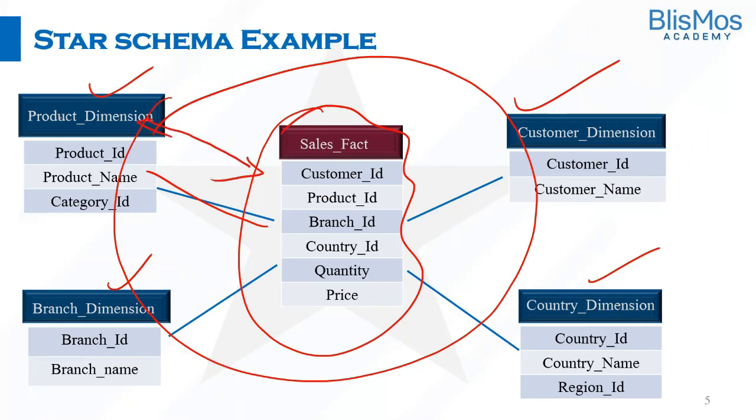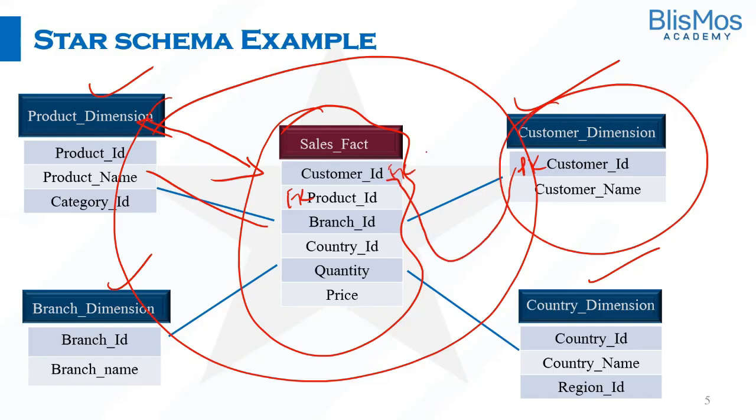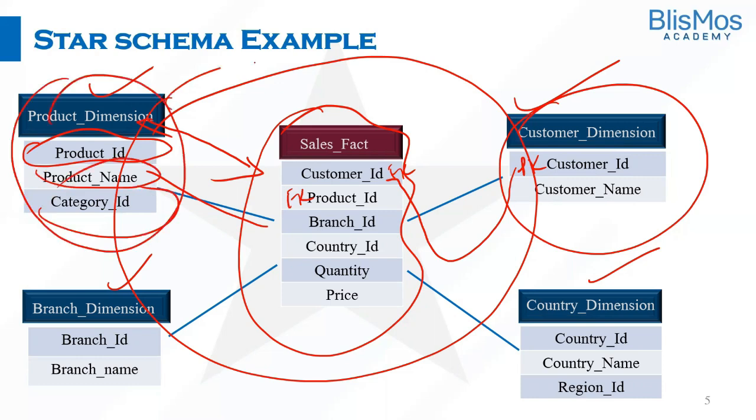For example, the product dimension table has a direct connection to the sales fact table with product ID becoming a foreign key here. The same is the case in the customer dimension table. Customer ID, which is the primary key here, has become a foreign key in the fact table. So that these attributes from a dimension table can participate in any of the queries submitted by users.